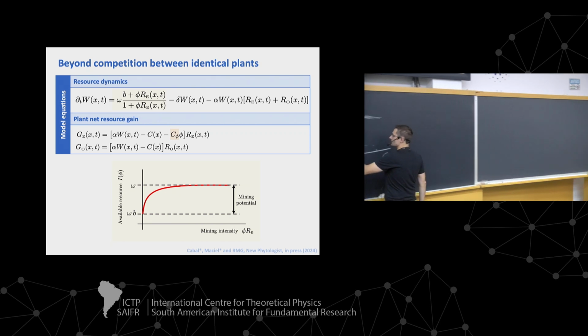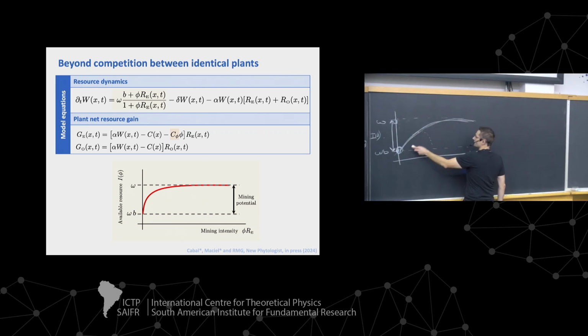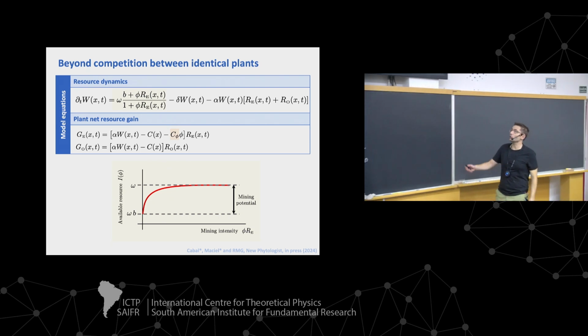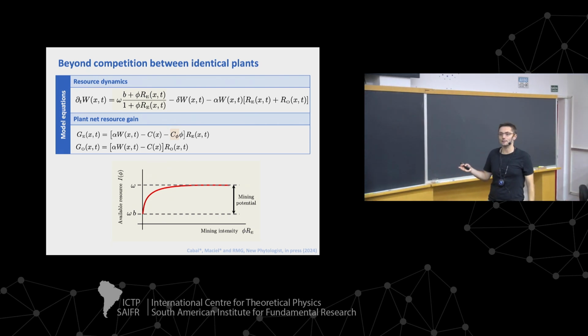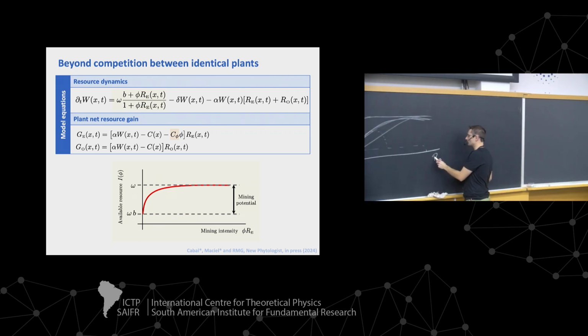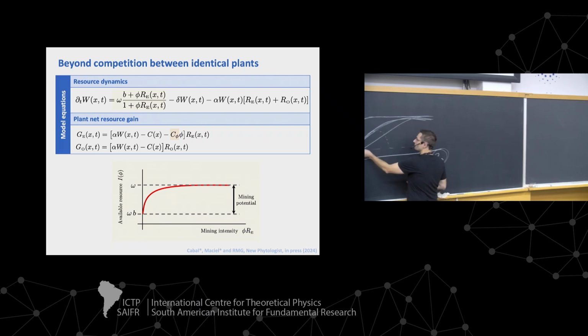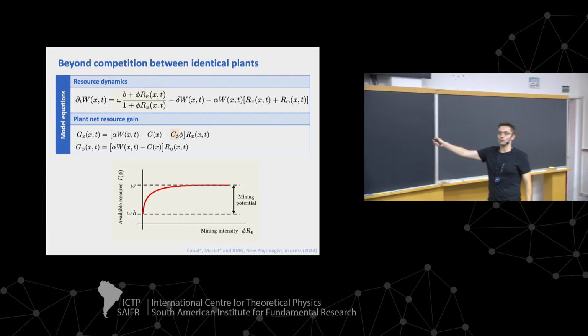Then the way I model this positive feedback also tells me how fast the mining plant is able to improve the environment. And that's going to be given by the phi parameter, how much she invests. If she invests a lot, if her mining rate is a lot, then introducing very few roots is going to increase the environmental quality a lot, but it's also going to carry a huge cost for her.